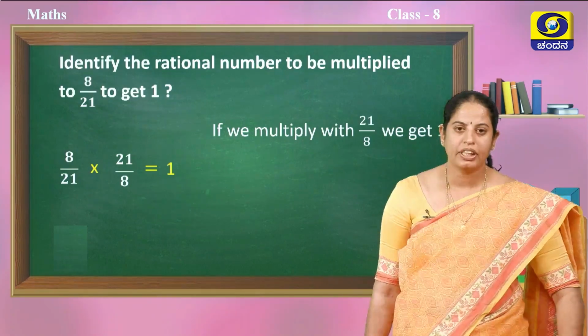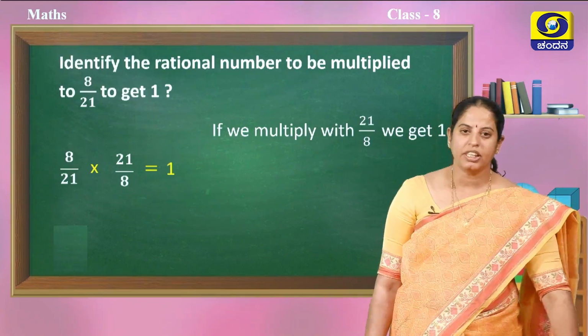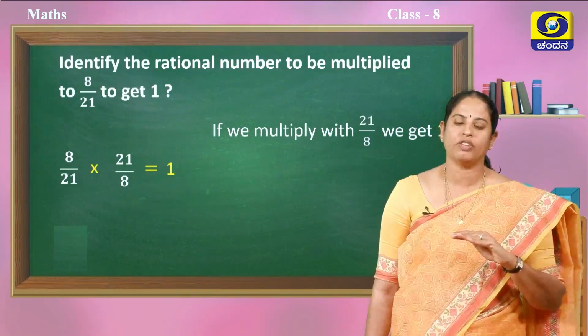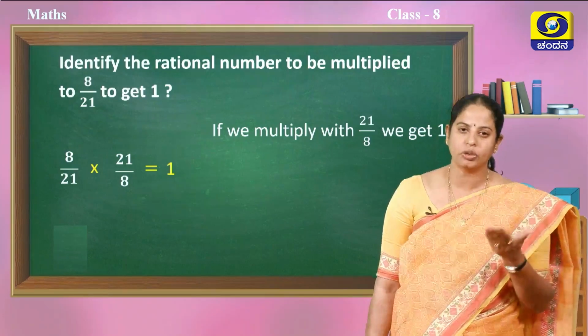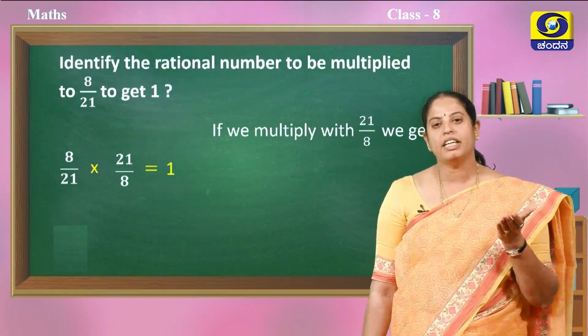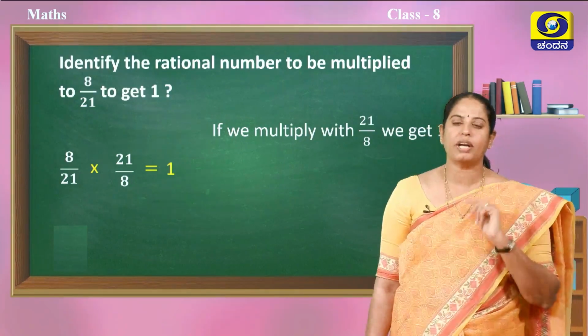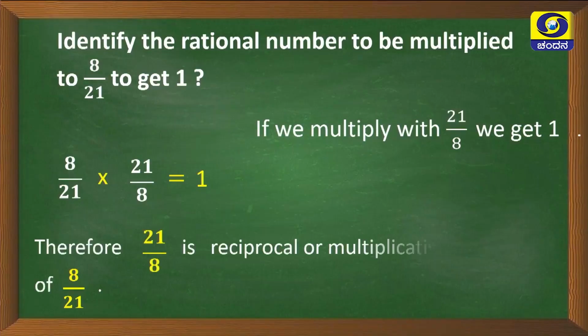Observe here. 8 by 21 is multiplied by interchanging the numerator and denominator. 21 is the denominator, that becomes the numerator, and 8 is the numerator, that becomes the denominator. When we multiply those two, I am getting 1 as the answer. Hence, 21 by 8 is the reciprocal, or we call that the multiplicative inverse of 8 by 21.